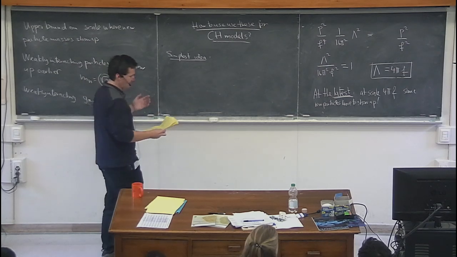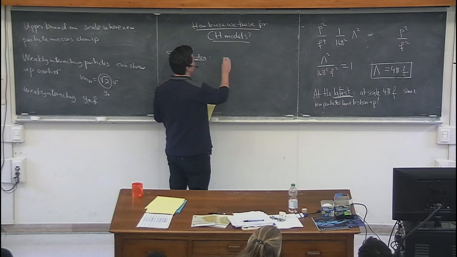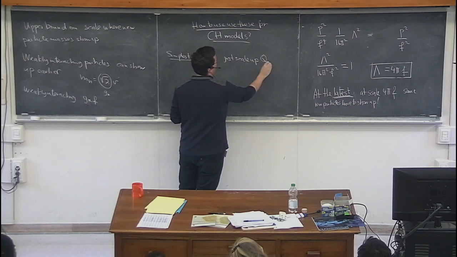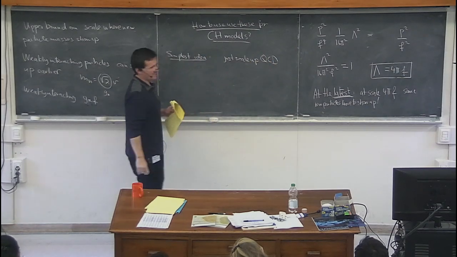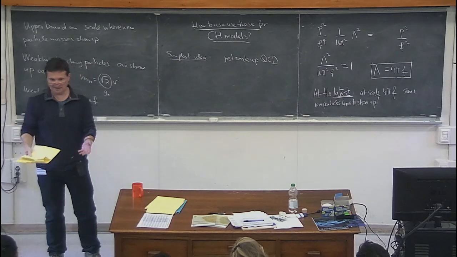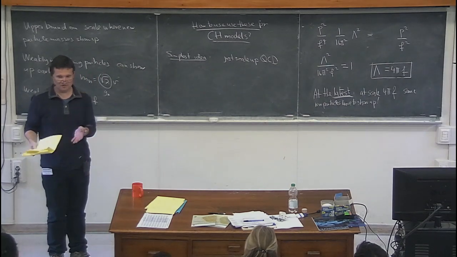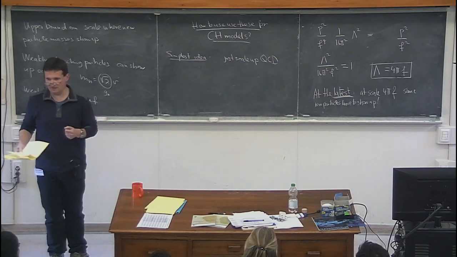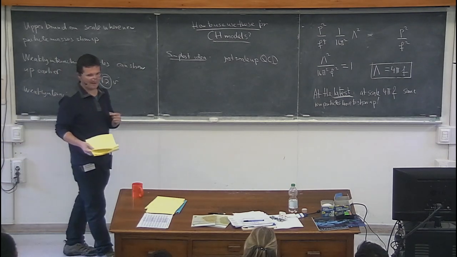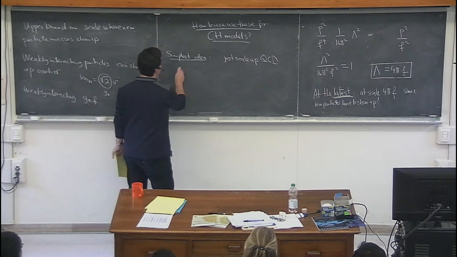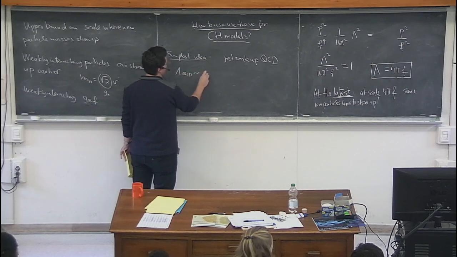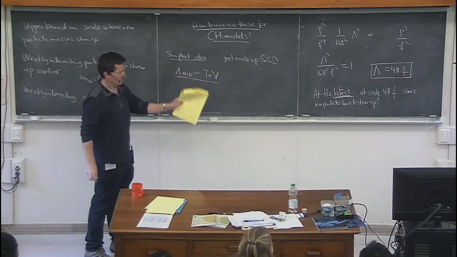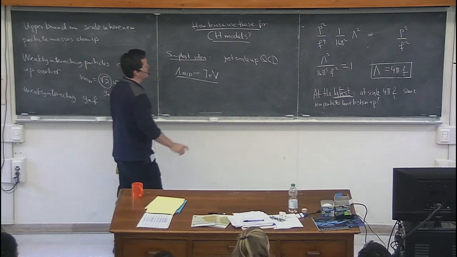So the simplest idea would have been to just scale up QCD, meaning take another QCD-like theory where lambda QCD is not of the order of 1 GeV, but of the order of 1 TeV. So three orders of magnitude bigger. That would have been called Technicolor.